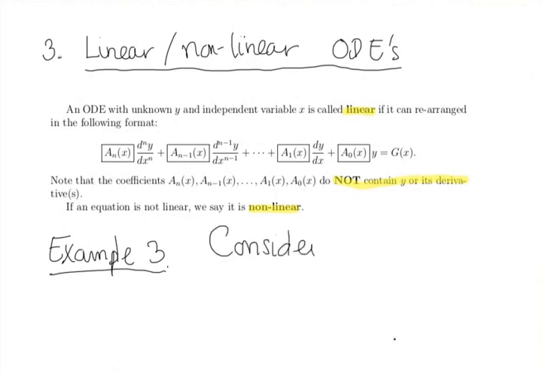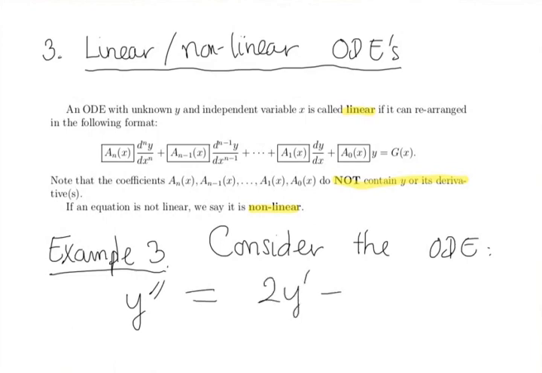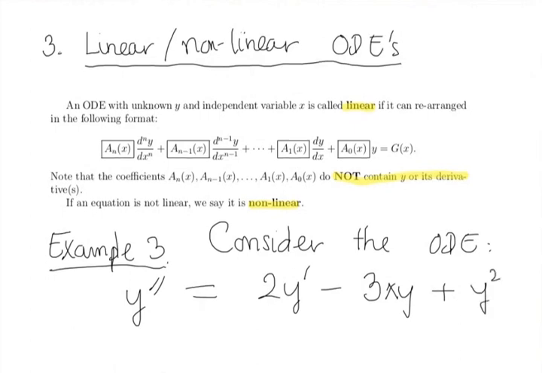So again, let's look at a few examples. Let's consider the ODE y double prime equal to 2y prime minus 3xy plus y squared.